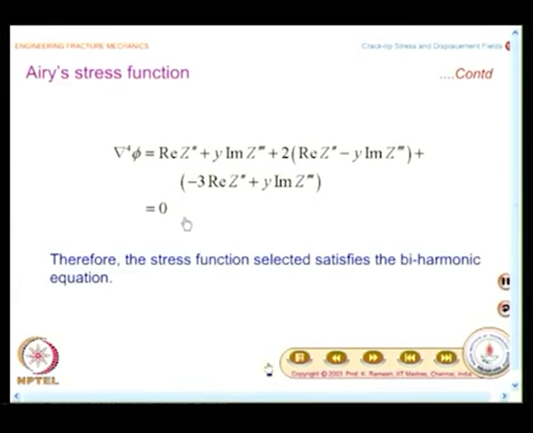So, what is the conclusion? The stress function selected satisfies the biharmonic equation. So, that means our first step is correct. We are really looking at solving the problem. So, we have to select a valid form of stress function. The first condition, that the biharmonic equation should be satisfied, is satisfied.